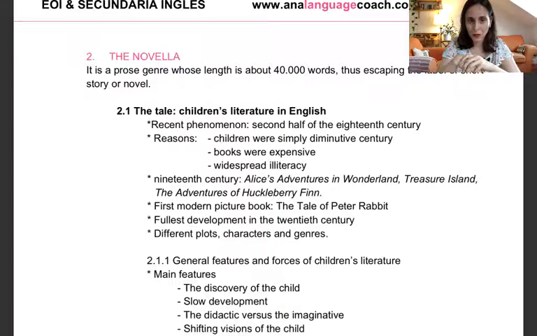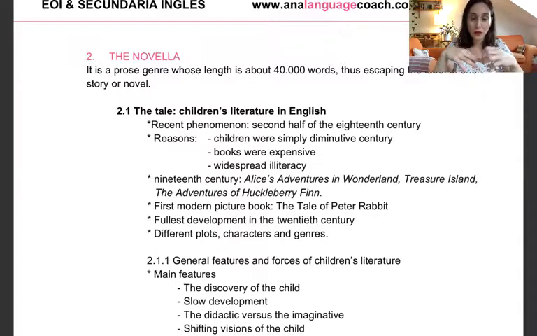In the 19th century, Alice's Adventures in Wonderland, Treasure Island, The Adventures of Huckleberry Finn. I'm just giving you names for you to refresh the tale, because now we're talking about the tale and how this is going to impact the literary styles of writers.